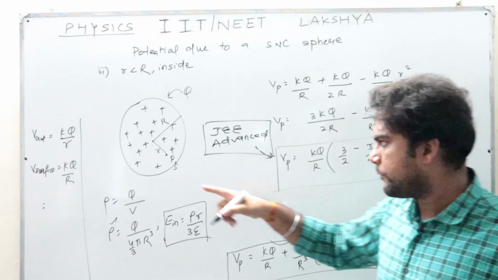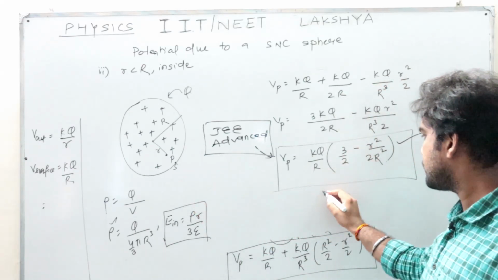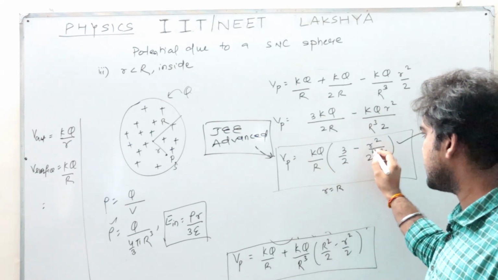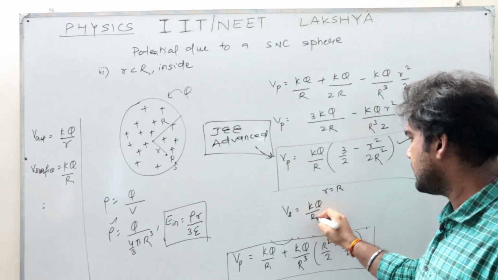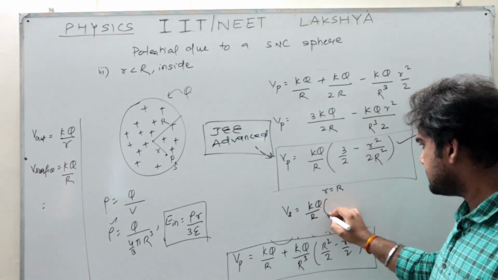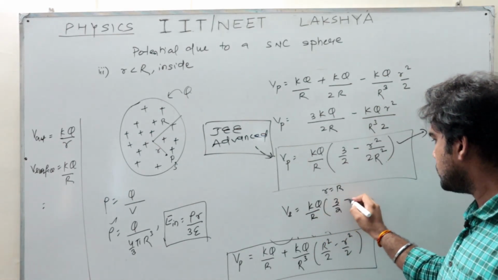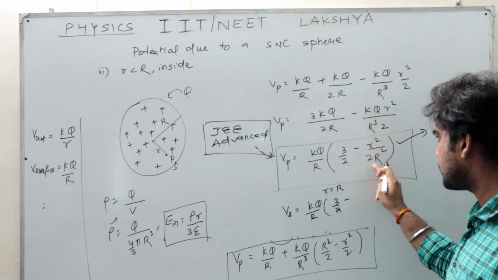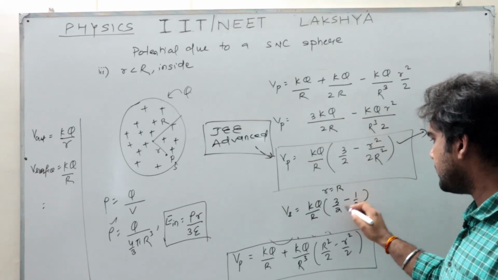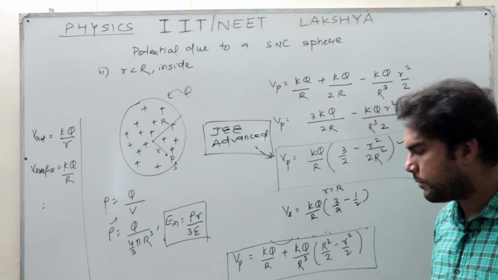Now if you see carefully, here instead of small r, if I substitute capital R, then I must get the formula for the surface. So let me just try. Kq by R, 3 by 2 minus, this becomes capital R square by capital R square, it becomes 1 by 2. And 3 by 2 minus 1 by 2 is how much? 1.